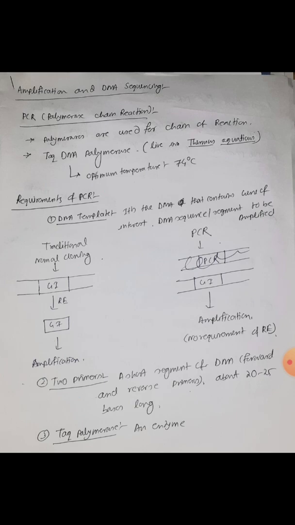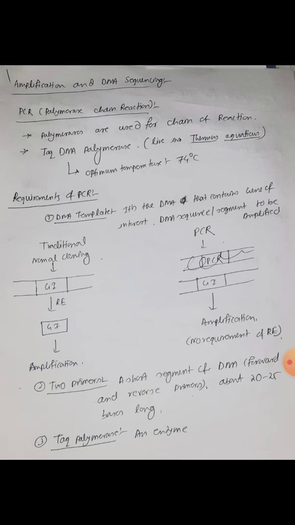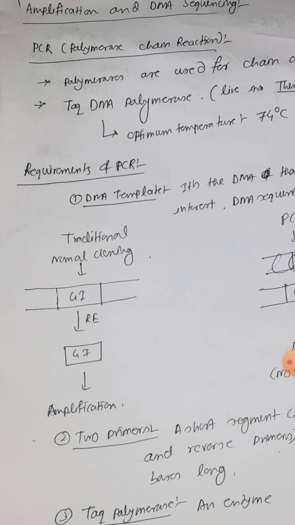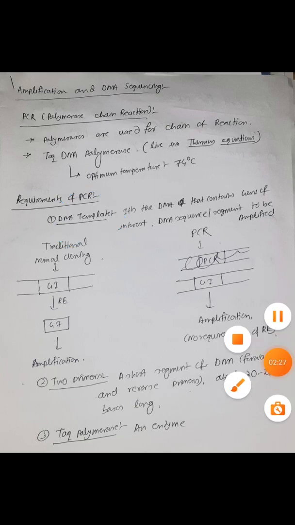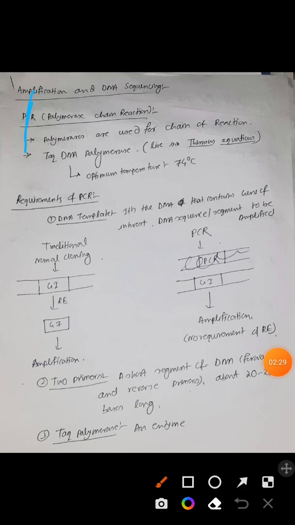Now let's come to the topic: what type of ingredients we need to perform a perfect PCR. First of all we need a DNA template. Remember, there is a basic difference between PCR and the normal DNA cloning method.